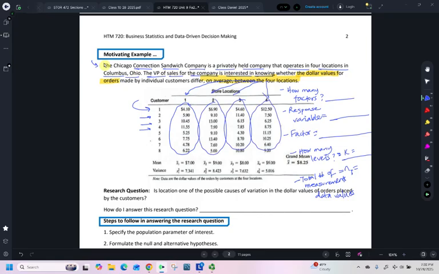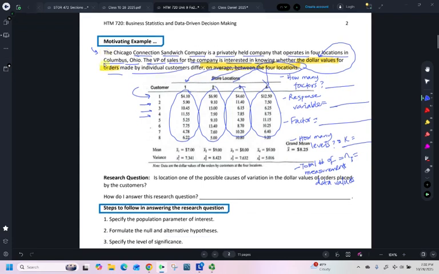Our interest is to know if the location has any impact on the dollar values of the orders made by customers. In this context, it appears we would like to look at how on average the dollar values of orders vary across the 4 locations.